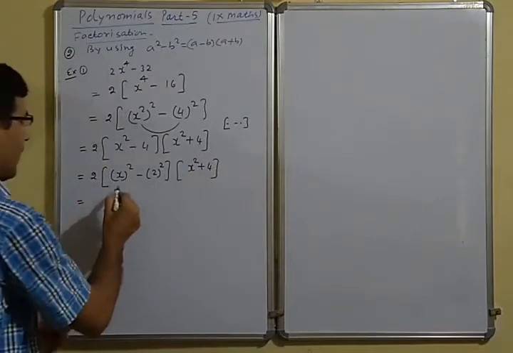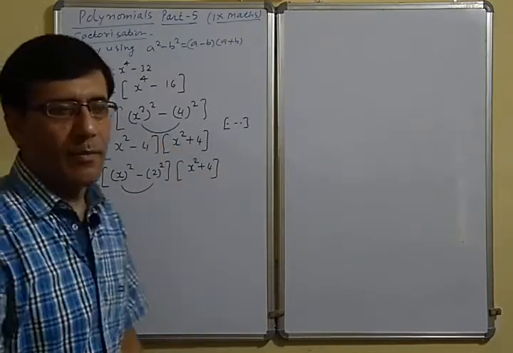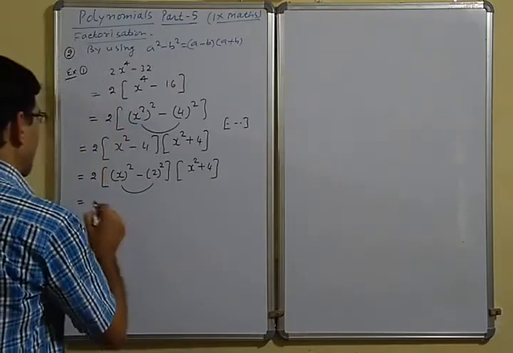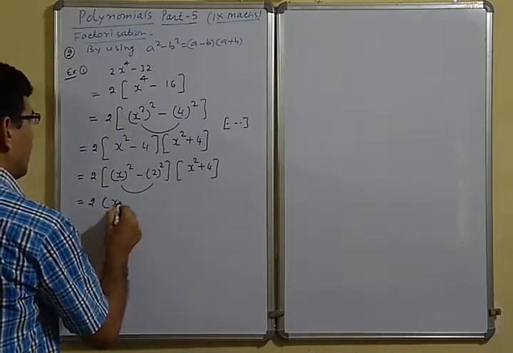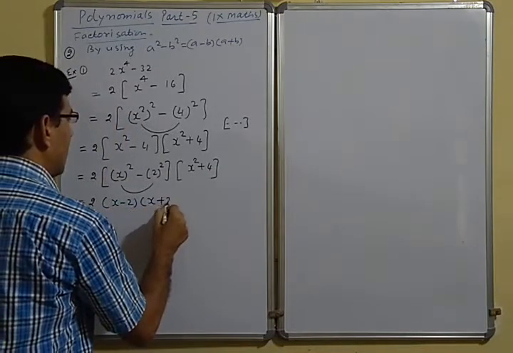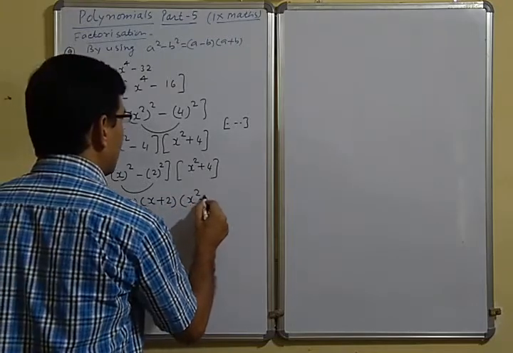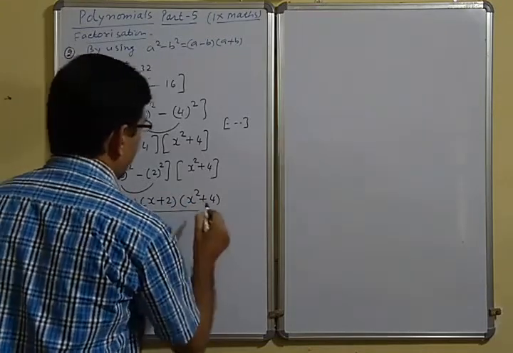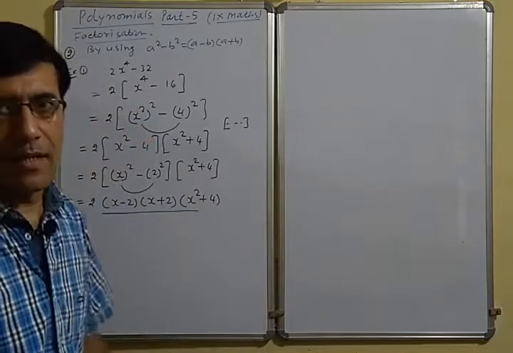So here again we will use the formula a square minus b square. So this becomes 2 times x minus 2, in other bracket it is x plus 2, in last bracket it is x square plus 4. So this is the factorization of this question.